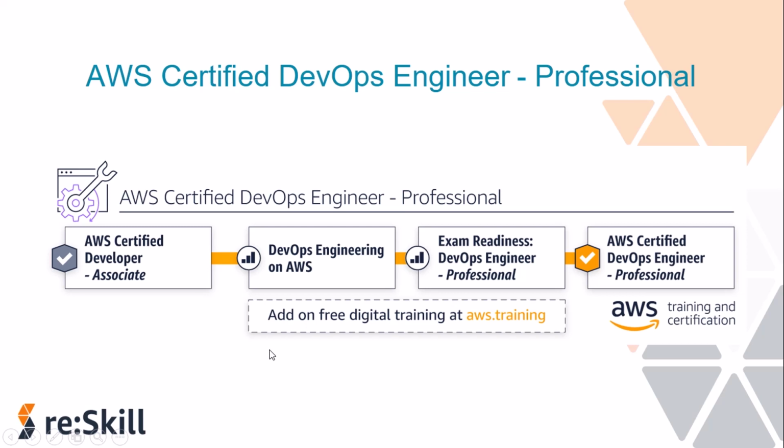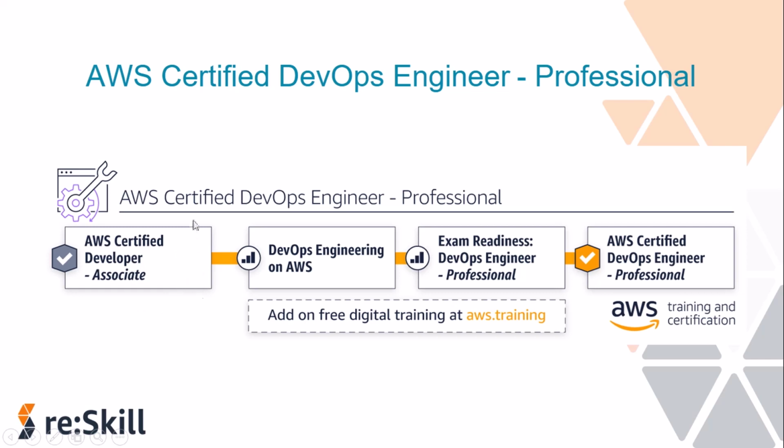You can think of going for AWS Certified Developer Associate first, or AWS Certified SysOps Administrator Associate first, but it's not mandatory. You can directly jump on to taking the DevOps exam, but it's a good thing if you can take up those exams first.